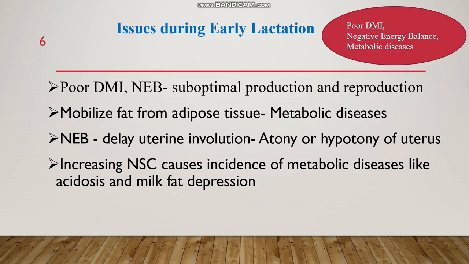The negative energy balance delays uterine involution, affecting reproduction. Increasing the non-structural carbohydrates to fulfill the energy requirement causes metabolic diseases like acidosis and milk fat depression.